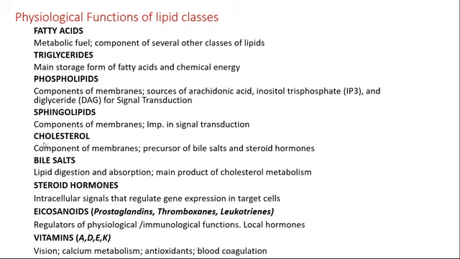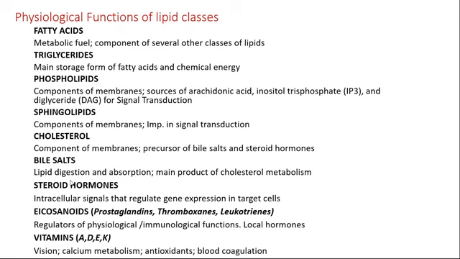Cholesterol, the steroid, is a component of membranes, and also it serves as a precursor of bile salts and steroid hormones. Bile salts, which are made with the cholesterol backbone, help in lipid digestion by emulsifying the fats that you take through your diet.